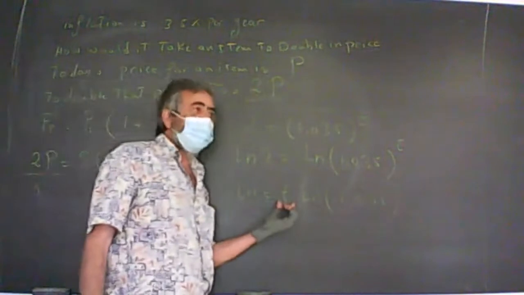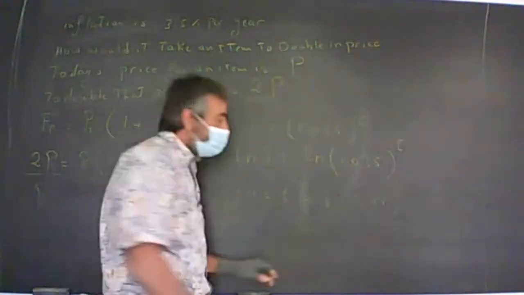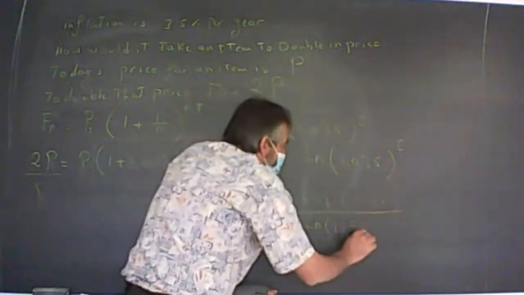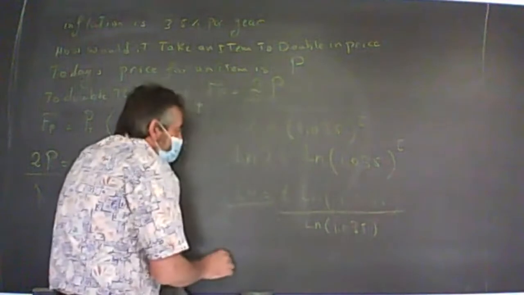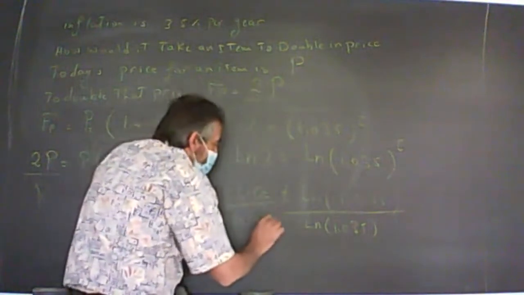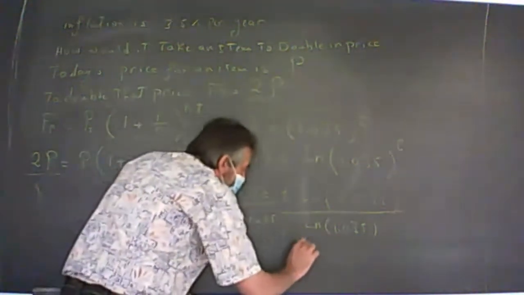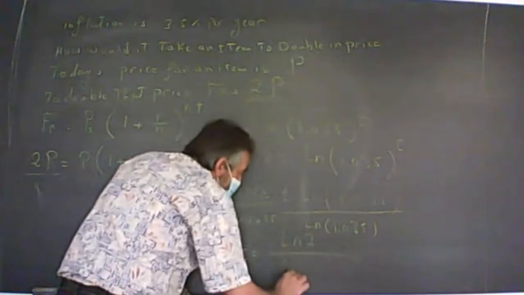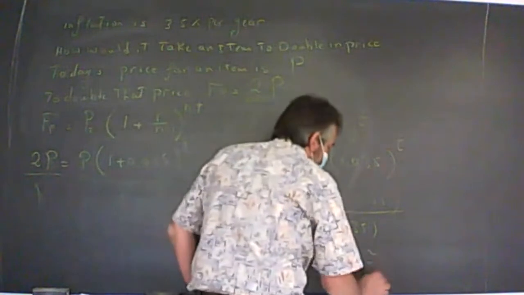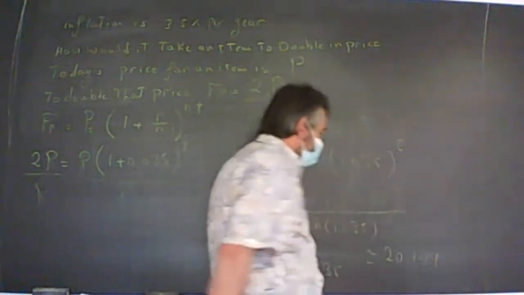Now to solve for t, we're going to divide by ln 1.035. The final answer would be t equals ln of 2 over ln of 1.035, and I believe that should give me 20.149.